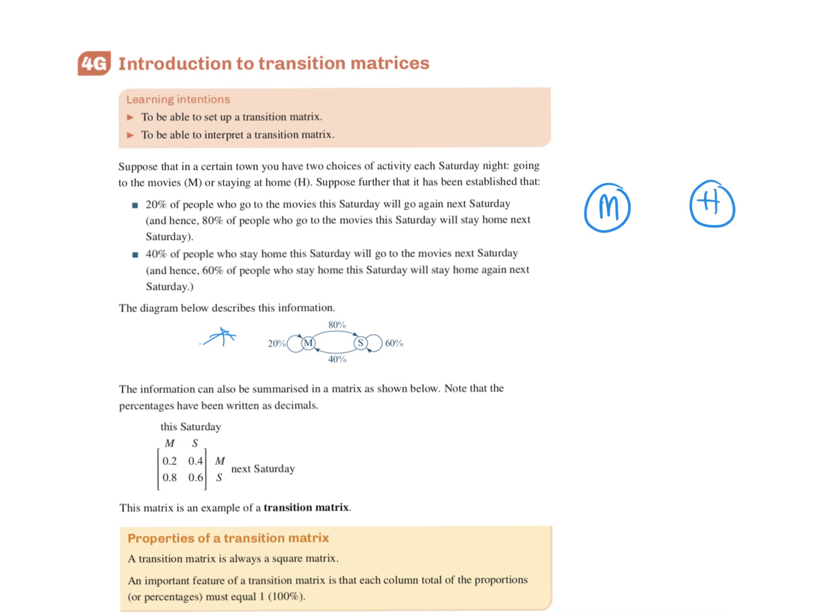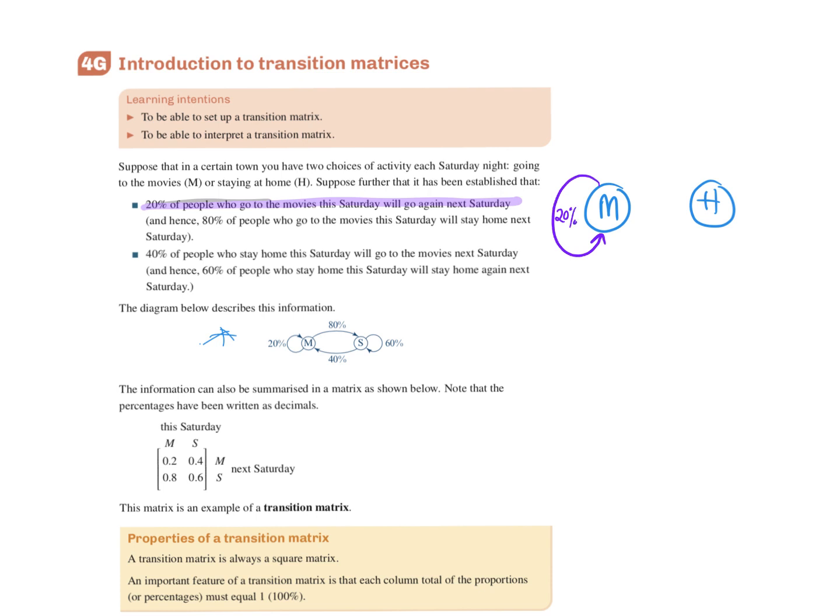So when they say 20% of the people who go to the movies this Saturday will go to the movies next Saturday, in a transition diagram we see an arrow going from M back to M, and they'll say it is 20%.